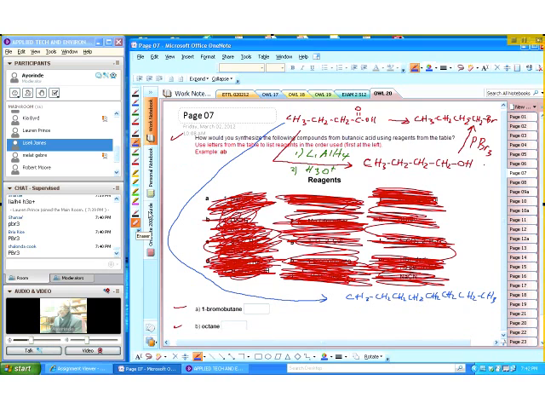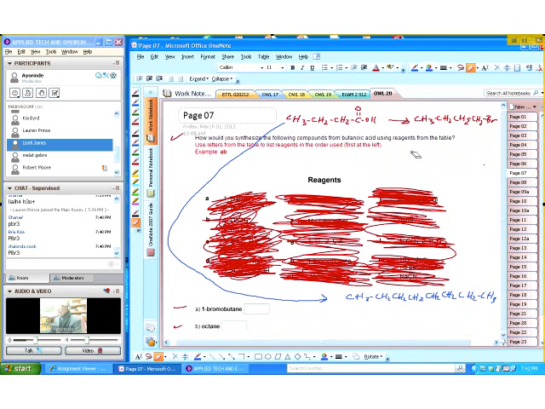Okay, so having given you that information, the first thing I want to do now is to make the copper lithium reagent. We have step 1. You add lithium to the alkyl bromide and it will form butyllithium. Let's go step by step.